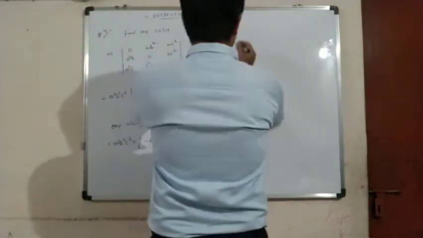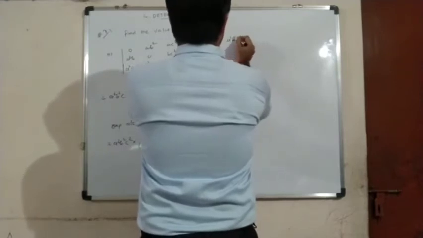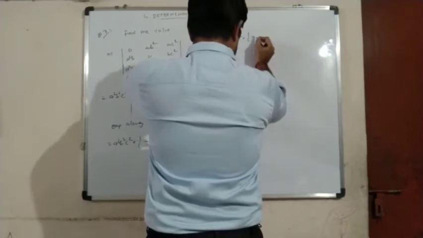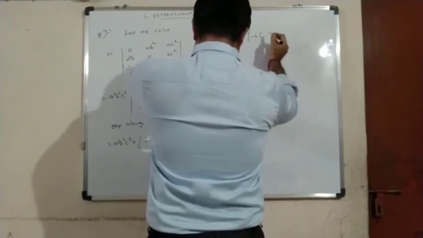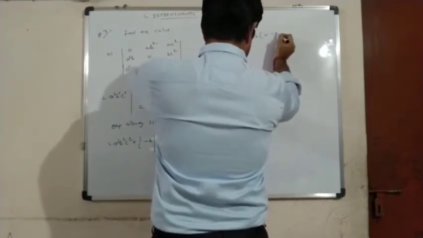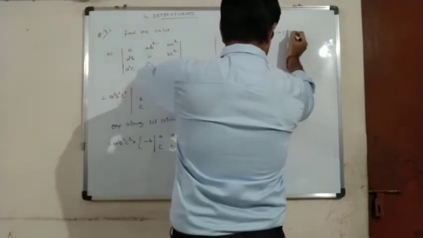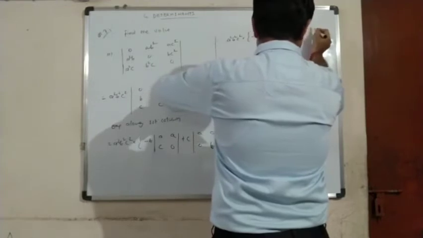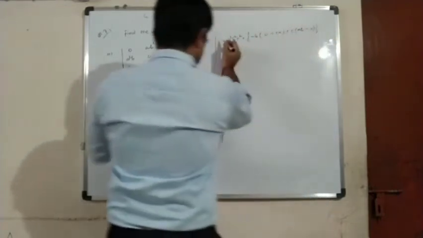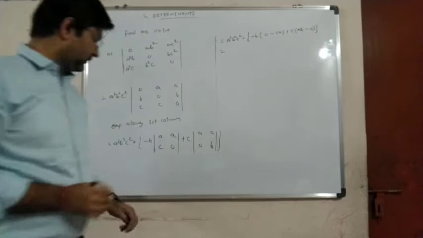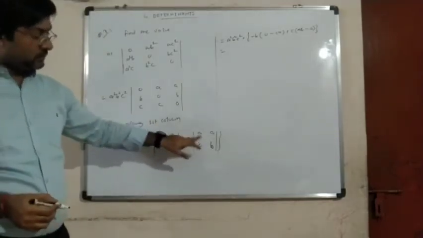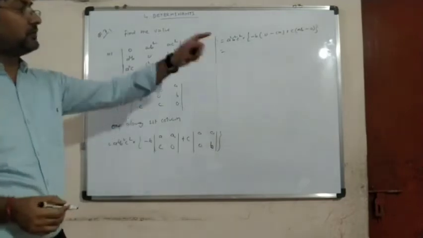Outside we have a square, b square, c square into minus b into 0 minus ca, plus c into ab minus 0. Clear? a into 0 is 0.